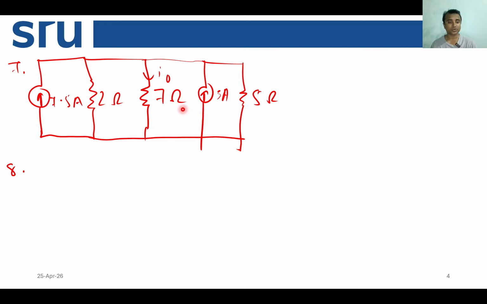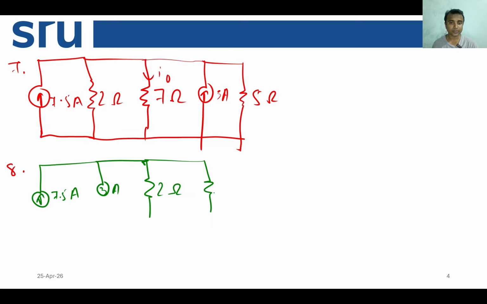Therefore we can easily reframe the circuit: this is 7.5 ampere, then 3 ampere, then 2 ohm, then 5 ohm, and then 7 ohm.